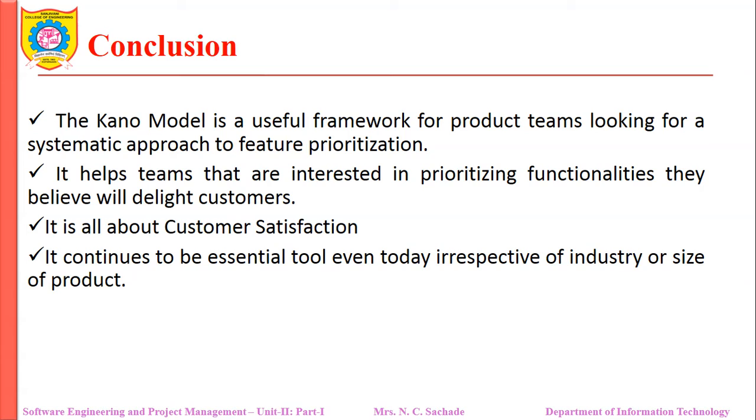The great thing about the Kano model is it continues to be an essential tool even today, irrespective of industry or size of the product. So you shouldn't assume that the Kano model is applicable only to software. It is applicable to any field, anything where we are considering manufacturing something, keeping customers in front of us. All those industries are applying the Kano model.